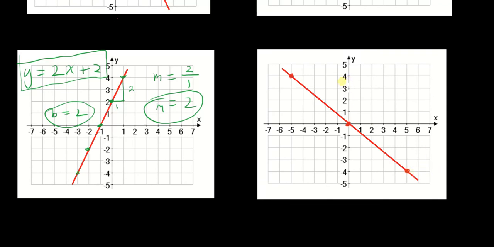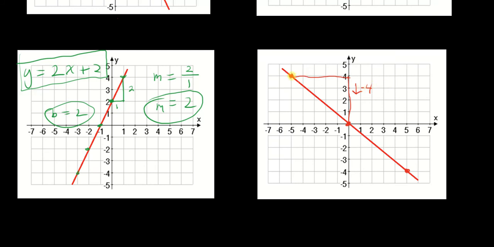Okay, so I'm going to have to do an x movement of 5, and y is going to lose 4. Y went down 4, so that's negative.